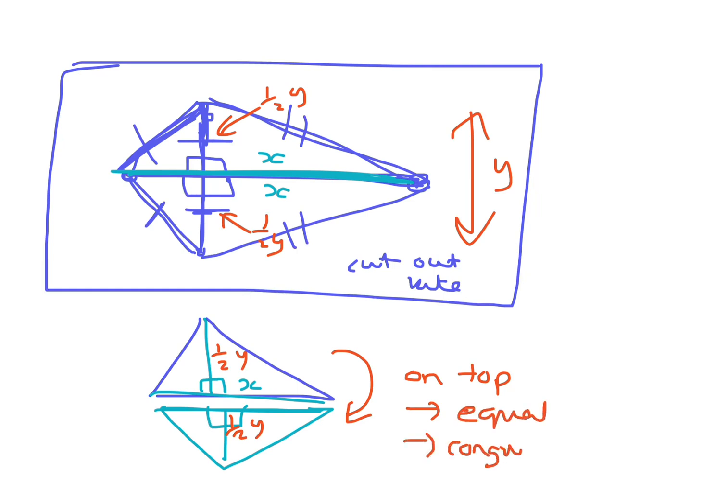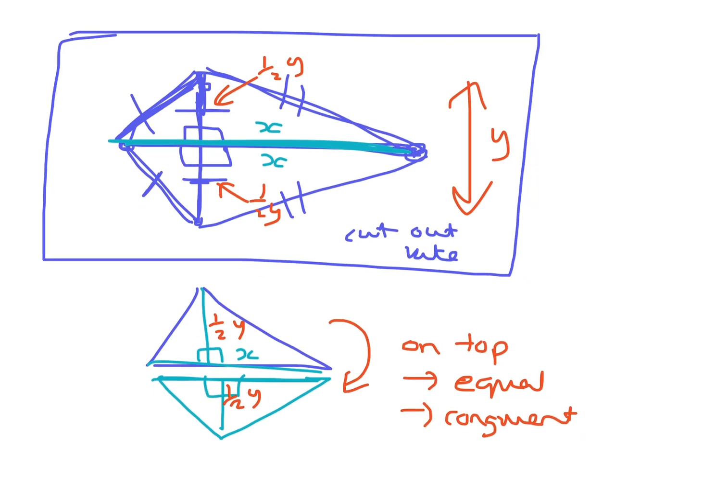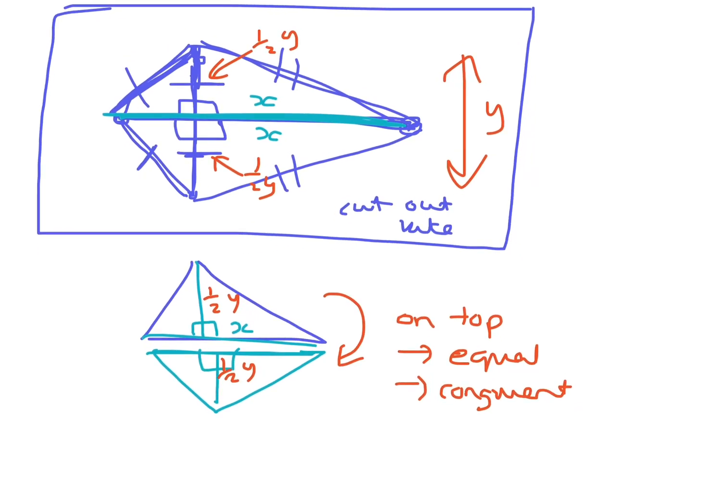This is called congruent. So what this enables us to do is, if we find the area of one of the triangles, then all we need to do is double it to get the whole area of the kite.